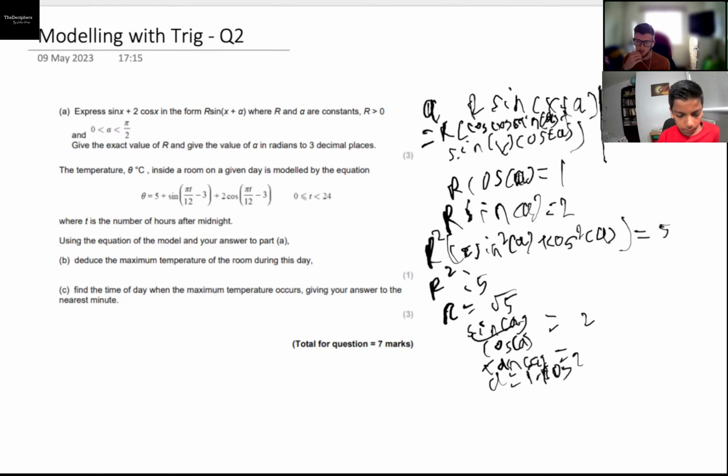And for part B, the temperature inside a room on a given day is modelled by... I already read it. So for part B, we have to find the maximum temperature. So maybe let's rewrite our equation for theta. That's root 5 sine of x plus alpha, and alpha is 1.107.